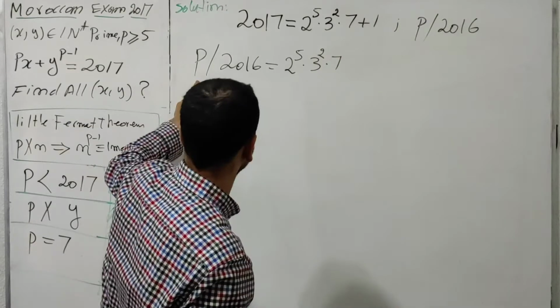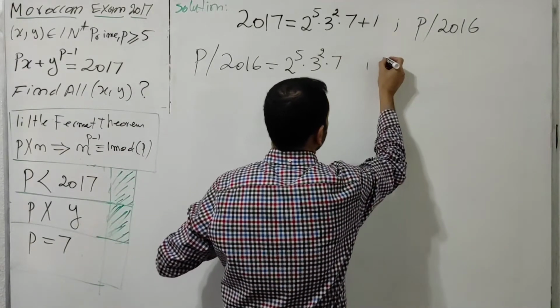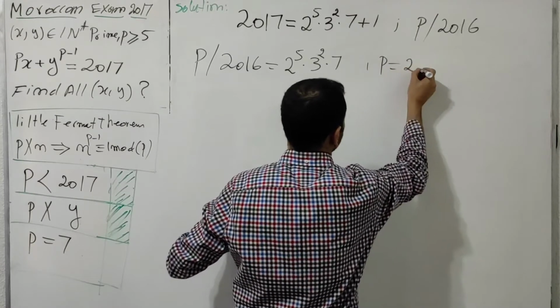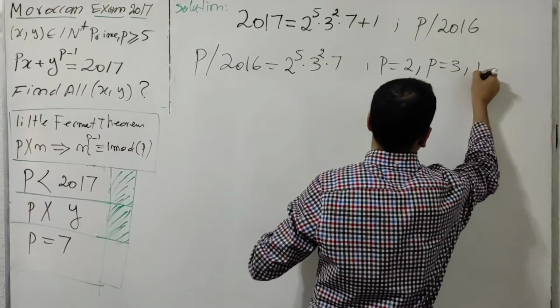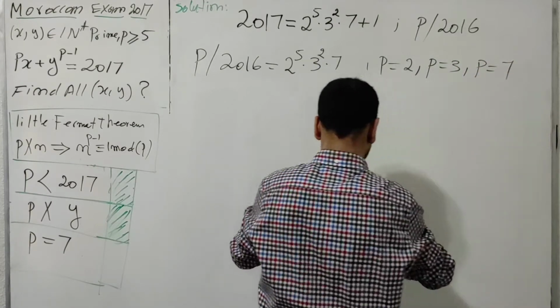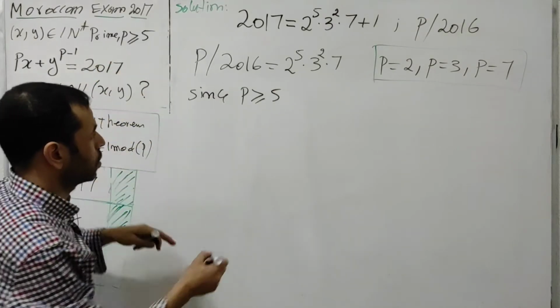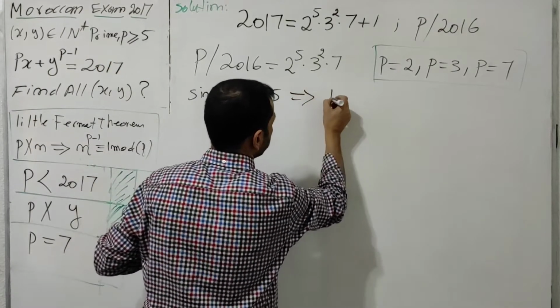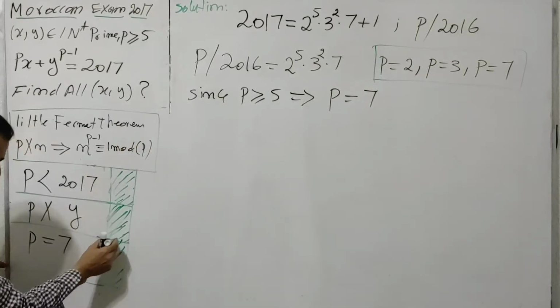Since p divides these numbers, we have three possibilities: p equals 2, or p equals 3, or p equals 7. Since p is greater than or equal to 5, as the earlier condition implies, p equals 7. We have proven this fact.